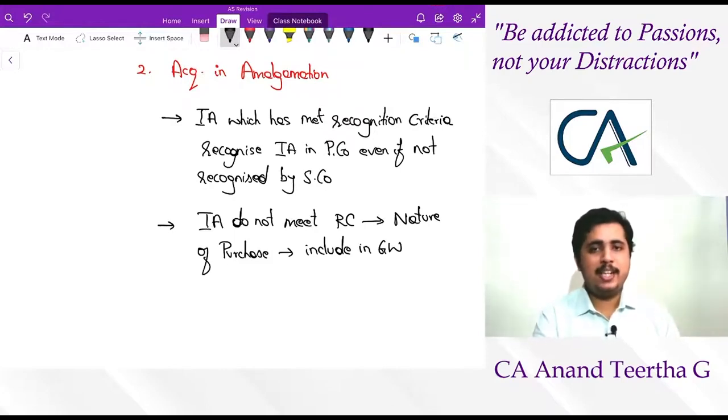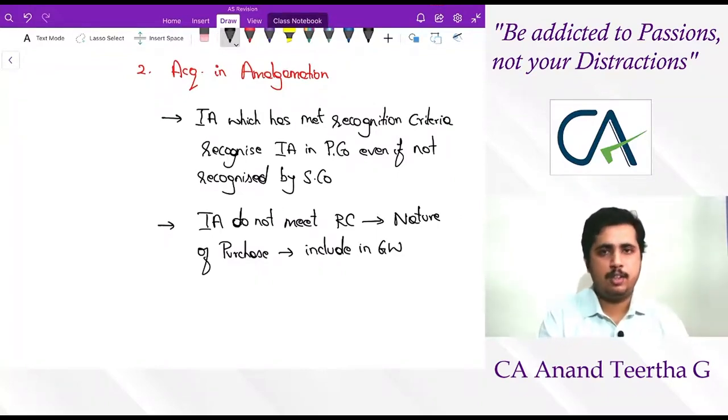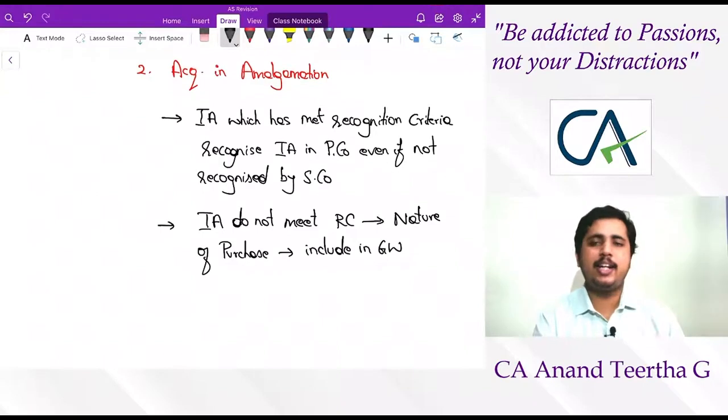Basically the point is, if you remember, amalgamation in the nature of purchase: loss goes to goodwill, profit goes to capital reserve. Goodwill is normally the balancing figure you calculate while incorporation. This intangible asset will not be separately recognized. Instead it will be a part of goodwill itself. Why? Because it's not meeting recognition criteria separately. So include it in goodwill, or it will be written off against capital reserve. That is how you are supposed to treat it.